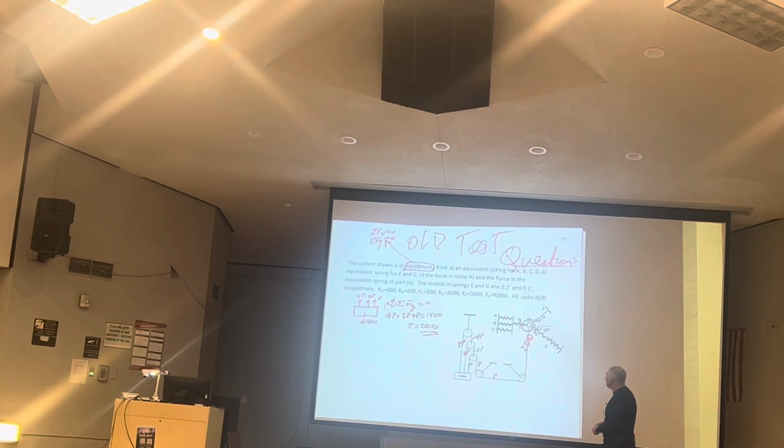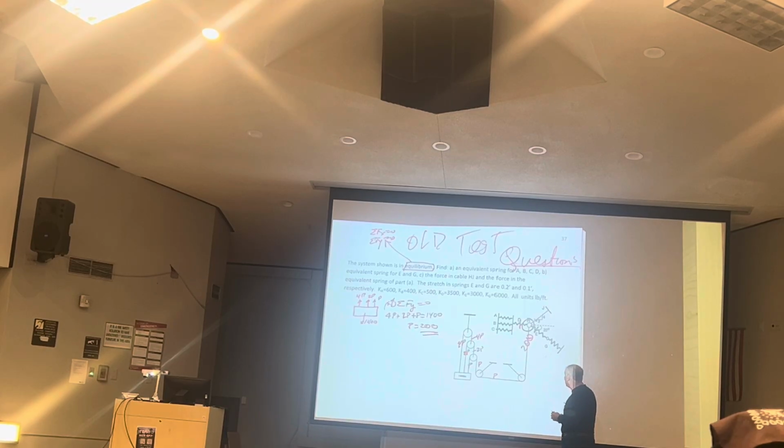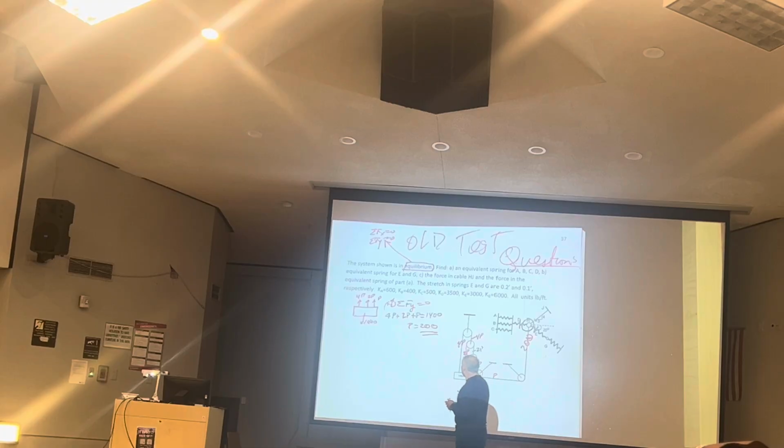Read the question. Hey, find me an equivalent spring for ABCD, knowing the stiffnesses are at the bottom. B, equivalent spring for E and G. C, the force in cable HJ and the force in equivalent springs in part A. The stretch in springs E and G is 0.2, 0.1.